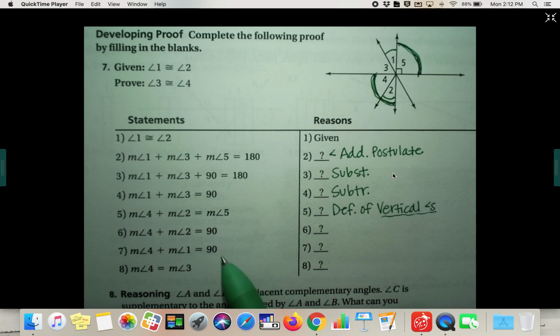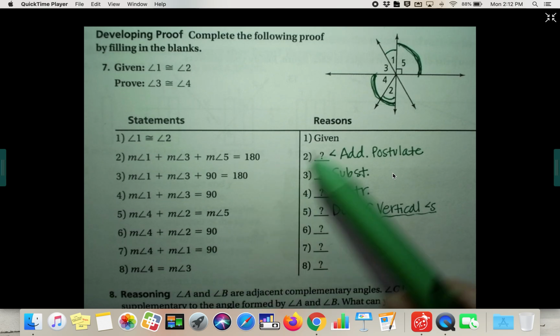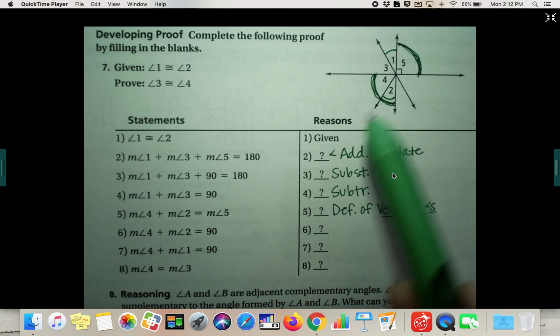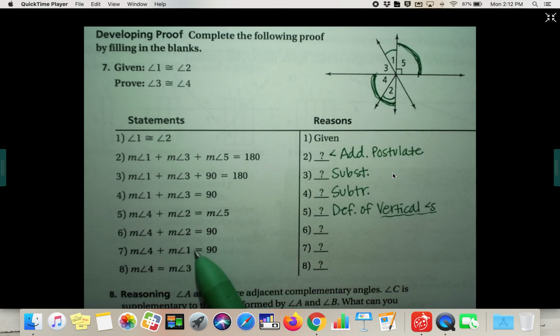All right, number 6, then what did they do? They have these same numbers. The measure of angle 4 plus the measure of angle 2 has to equal 90. Once again, 5 equals 90, so they substituted 90 for the measure of angle 5. So they substituted again.